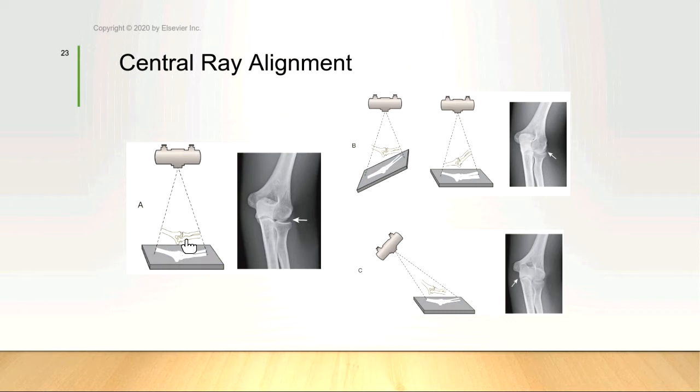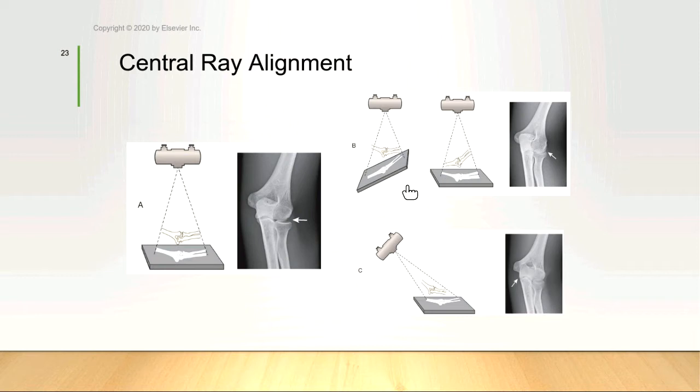So this is appropriate, and if it's done appropriately like this, then this is what you visualize on your image. This is an elbow. It looks like an attempt at an external elbow, because typically on an external, it'll bring the radial head out into profile. It's not completely externally rotated, because it should free the radial head and neck and tuberosity from superimposition, but it's a pretty decent picture.